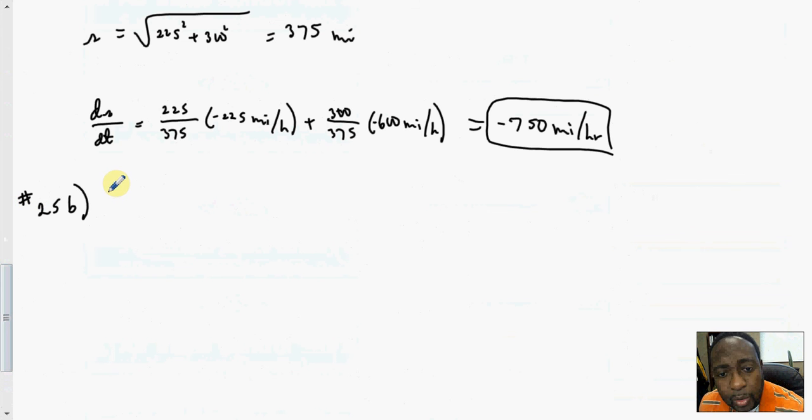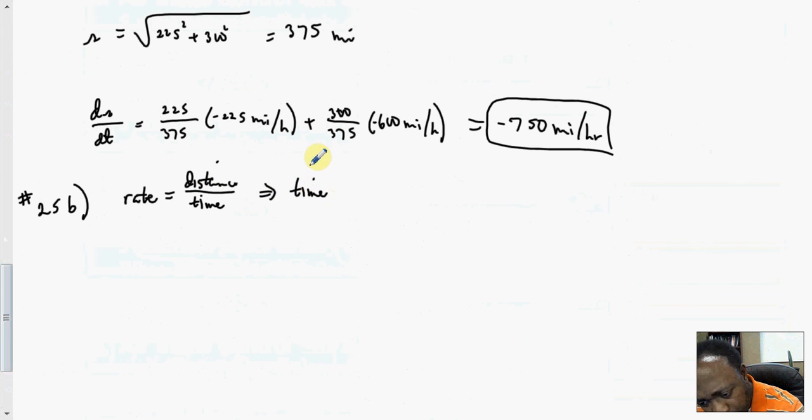So we're looking for the time, and since we know that the rate is equal to the distance divided by time, this implies that time is equal to the distance divided by the rate, of which both quantities we've already calculated.